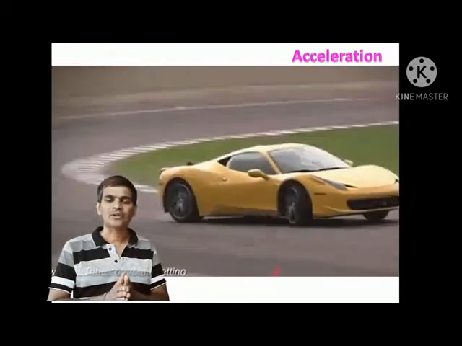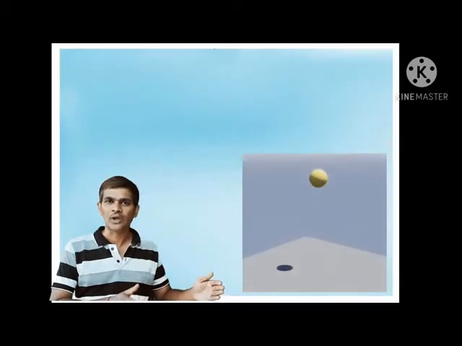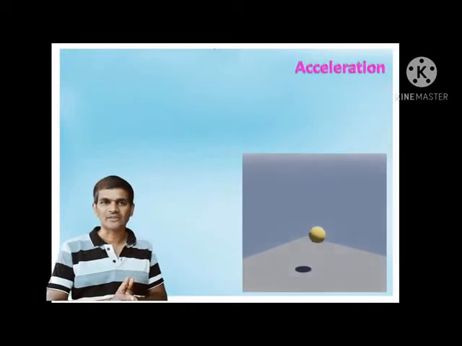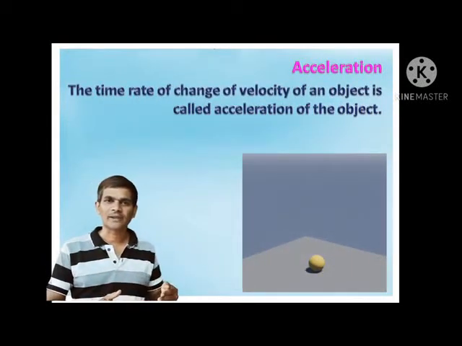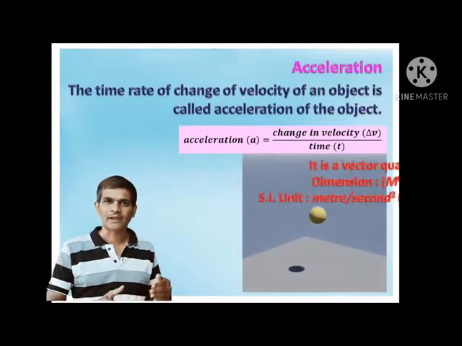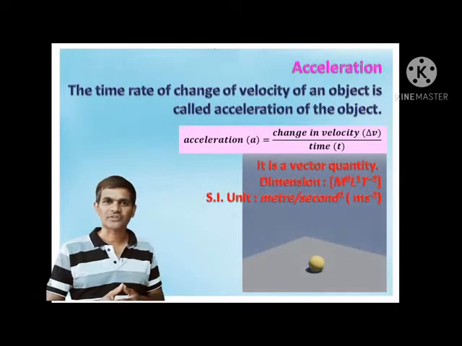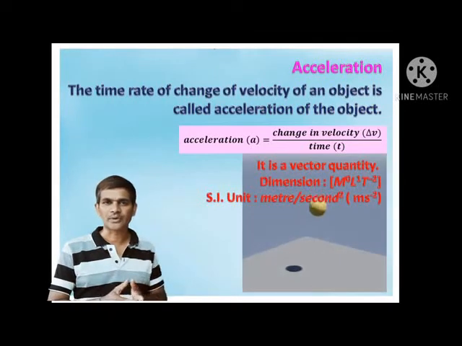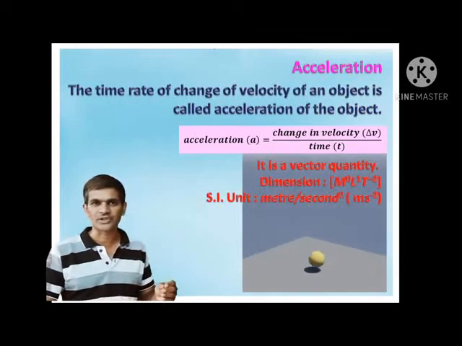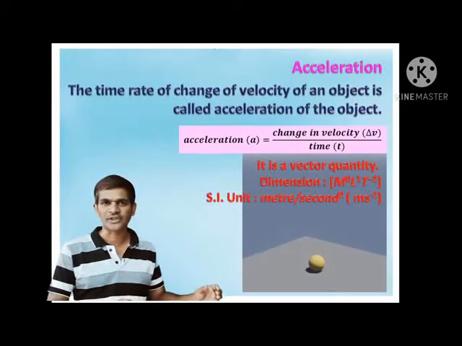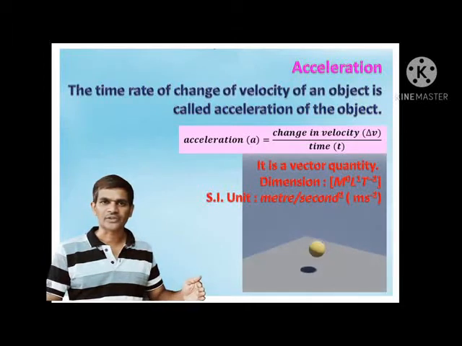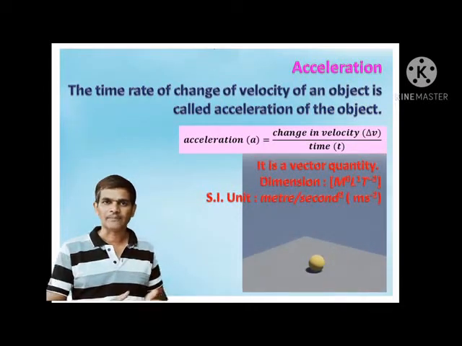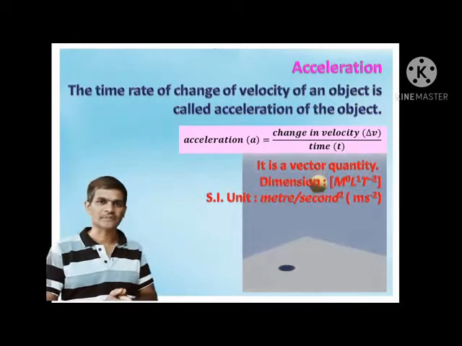The time rate of change of velocity of a moving body is called acceleration. And acceleration is denoted by a small letter a, and it is given by the expression acceleration is equal to change in velocity divided by time. It is the ratio of change in velocity to time.